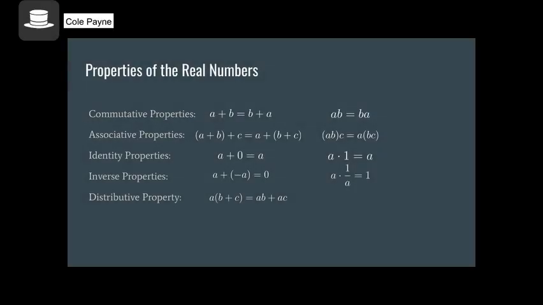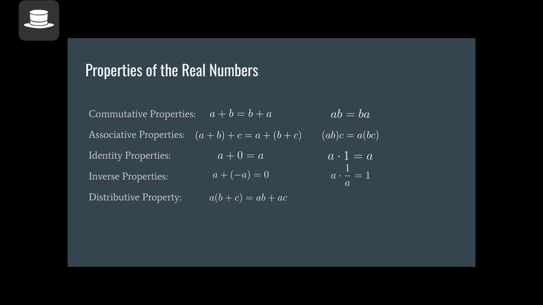All right, and so we have properties of those real numbers. Some of these things you have probably seen before, but just to kind of go over them again. So we have the commutative property, and I have two columns here. Addition is on the left, and multiplication is on the right.